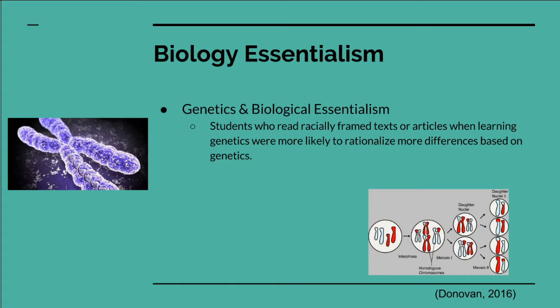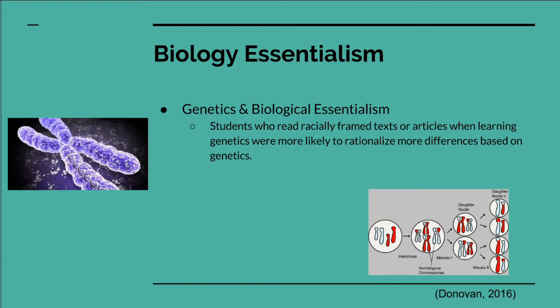This allows students to rationalize that, okay, there is a genetic difference between them and us, or us, the people who are reading, and the people the articles are referring to, and others. And what this does is allow students and individuals in general, adults as well, to rationalize more differences based on genetics. Saying, okay, well, we're different according to the article because of this. Well, why can't we also be different because of our success in socioeconomic class, because our genetics are different?